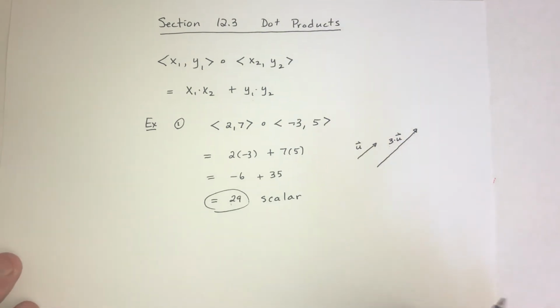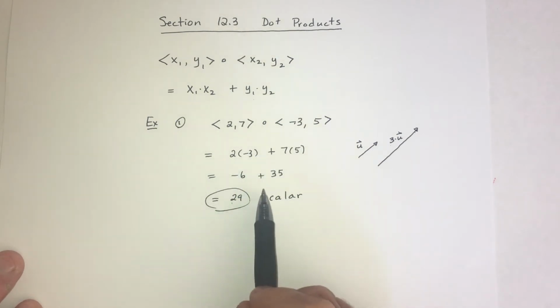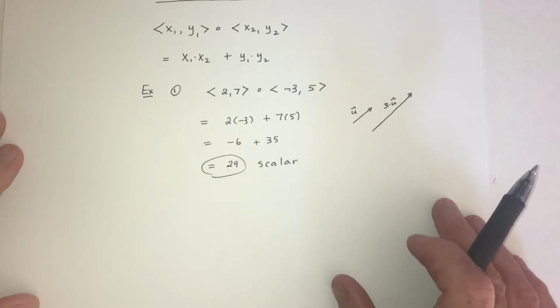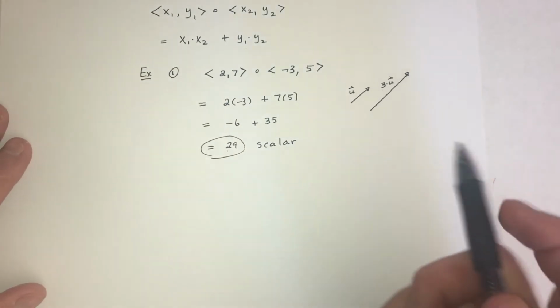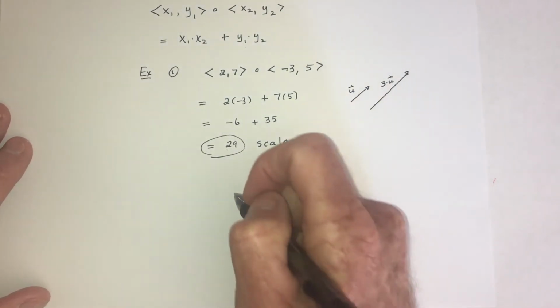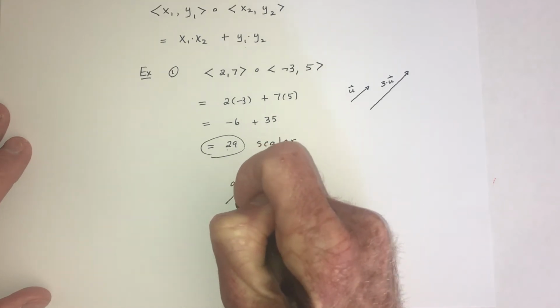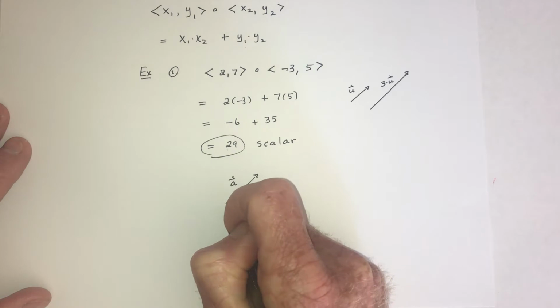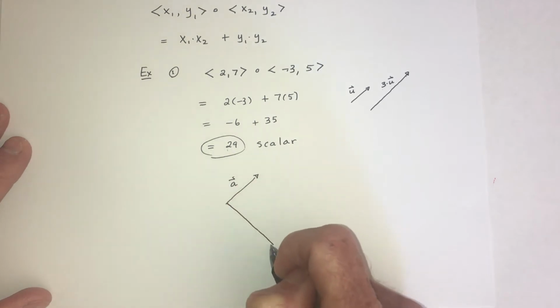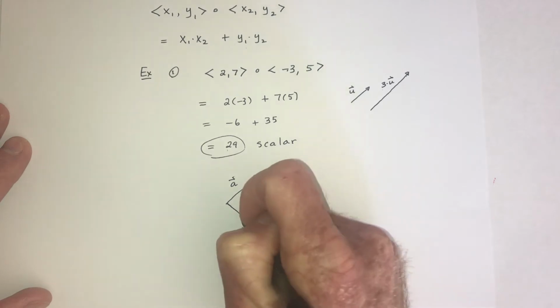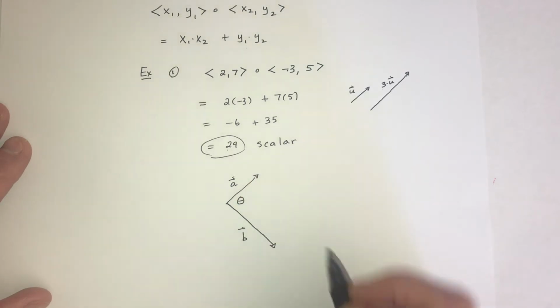Now, it turns out that this simple process actually has a lot of applications. One very useful one: if you have a vector like this, let's say this is vector A, and then you have a vector like this is vector B, and then you want to know what's this angle between them.